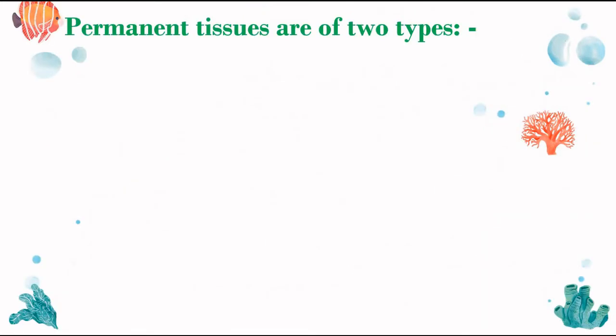So even these permanent tissues are of two types. In this chapter, the mind map or flow chart is too large. It's very difficult to remember all the names, but keep on reading it and watch the videos 2-3 times. You'll understand everything thoroughly.